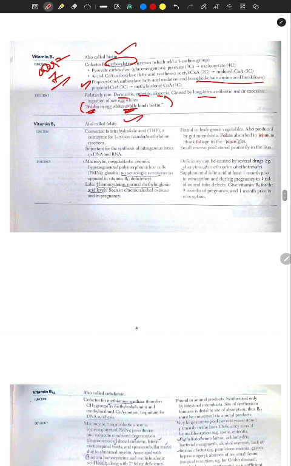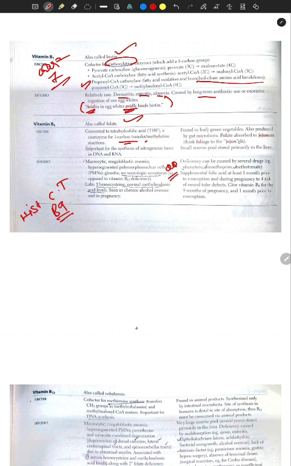B9 is your folate. The most important aspect of this is your folate trap. That's all you should be knowing. And B9: in discussion I have told you that in folic acid deficiency, the histidine challenge test can be done. Okay, so histidine challenge test is for your B9. Also you can see there is glossitis and there are no neurological manifestations. This is the keyword.